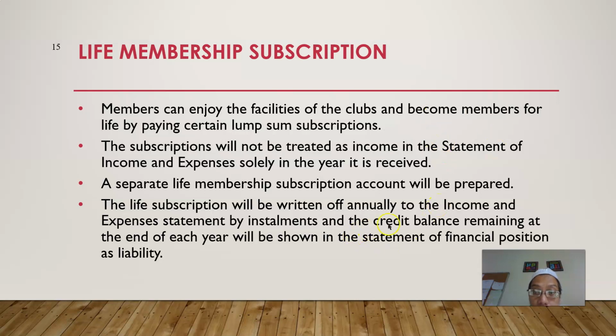The credit balance remaining at the end of the year will be shown in the statement of financial position as a liability, because we receive a huge sum of money, but only a certain portion is related to the current year. Therefore, the remaining will be treated as a liability and placed under the balance sheet as a liability item. So life membership subscription will be a liability except for one year's portion as revenue.